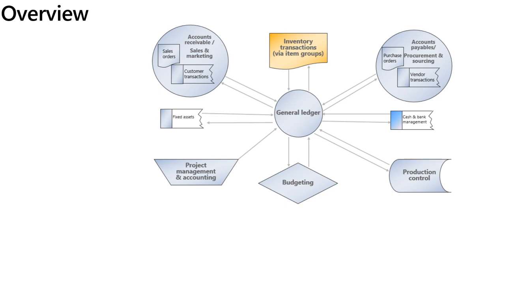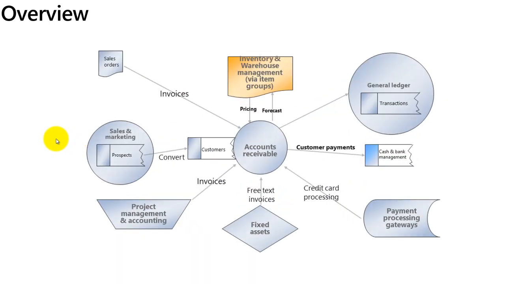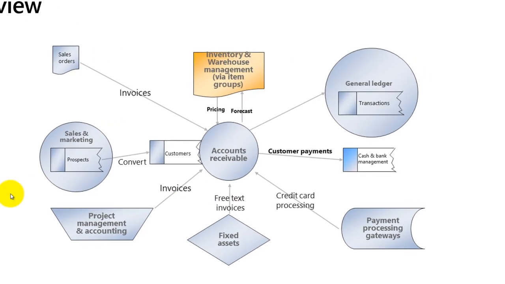In this case, the project management and accounting module can interact with the procurement and sourcing module in supply chain management to generate purchase orders, which will then be settled in the accounts payable module in finance. So we have all these functionalities covering the integrated flow of finance with accounts receivable and payable, fixed assets, project management, and procurement and sourcing.